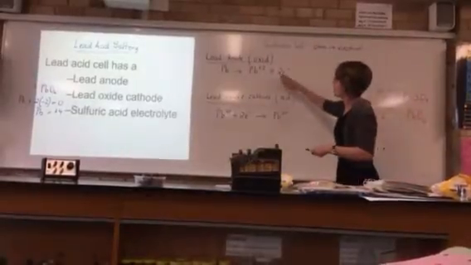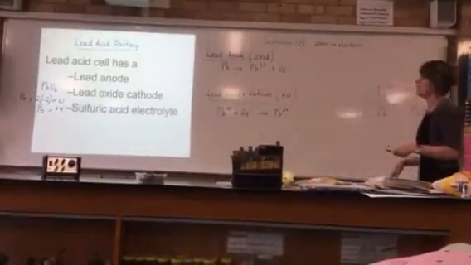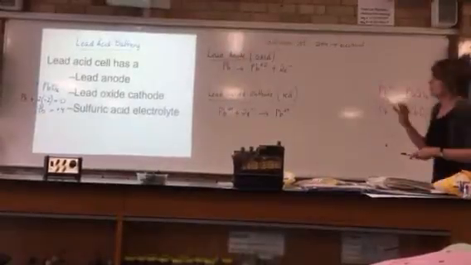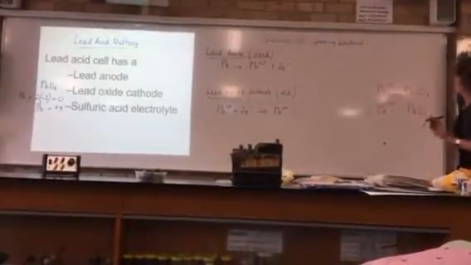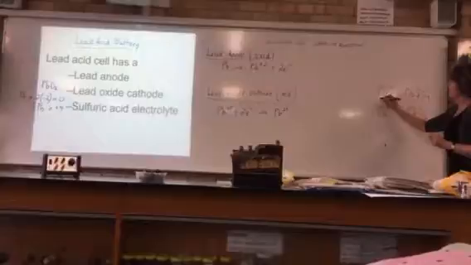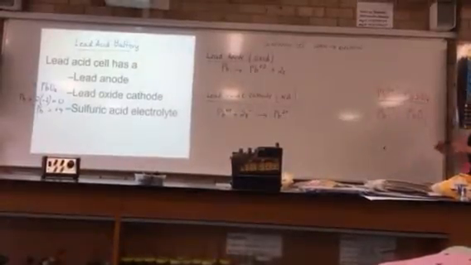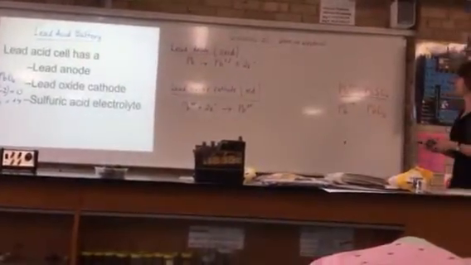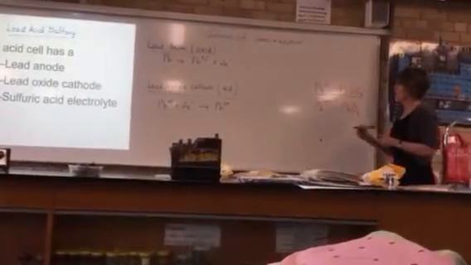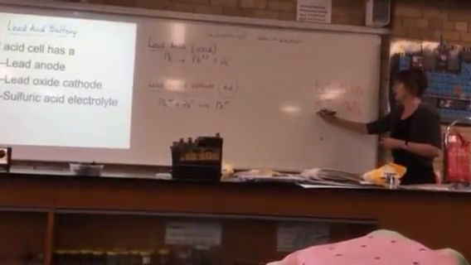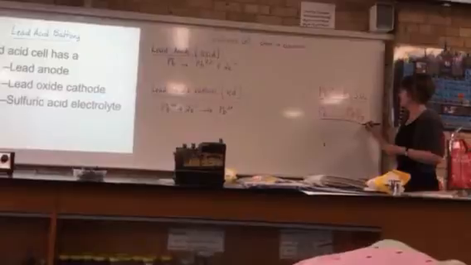Now unfortunately we need to make these 2 equations into another form that's a little more complicated. To help us get there, wherever we've got lead 2+ written, we need to represent it in our expanded form as lead sulfate. And wherever we've got Pb4+ represented, we represent it as lead oxide.